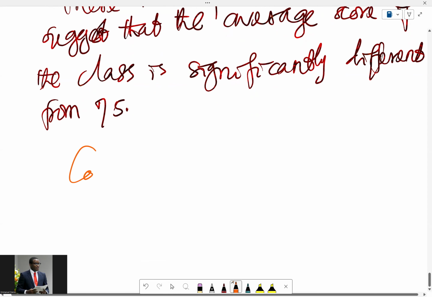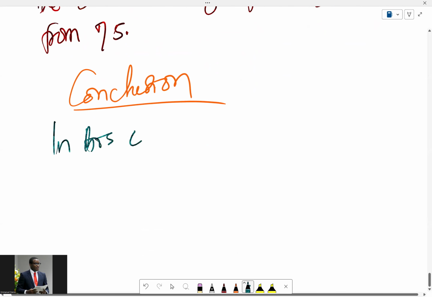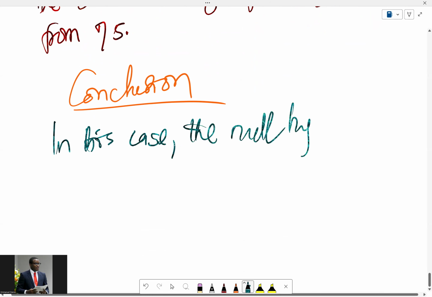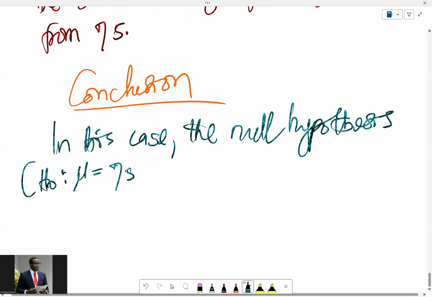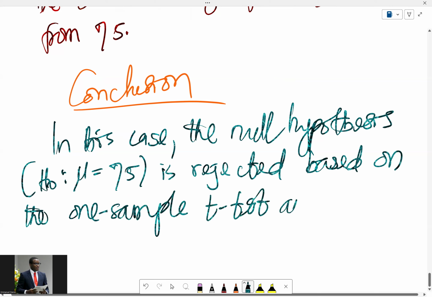So in conclusion now, to conclude, we say in this case, the null hypothesis H naught, which is mu equals 75, is rejected. It's rejected based on the one sample t-test analysis.